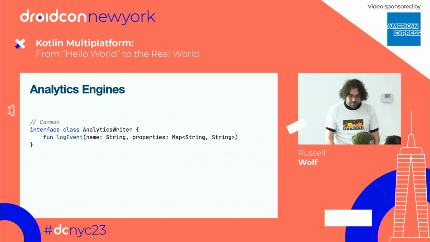Another example I'll hit on is a client that had essentially an SDK for white labeling various apps, and it had an analytics engine inside of it with a bunch of different implementations depending on what the specific client was using.